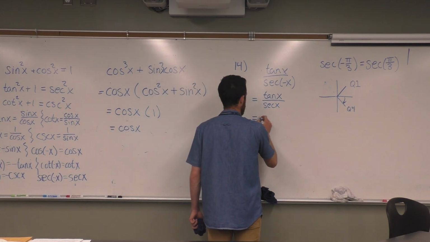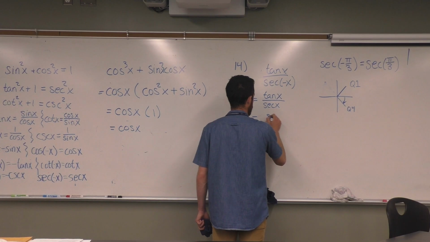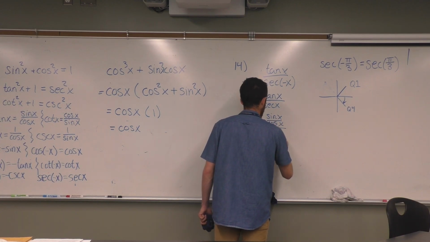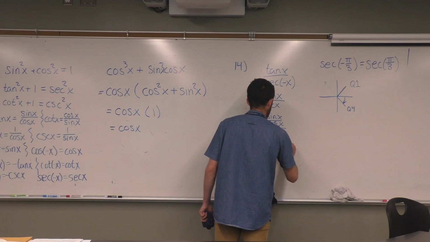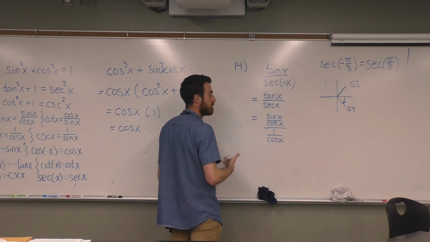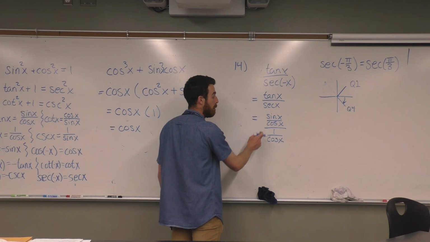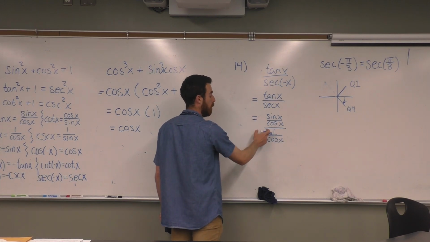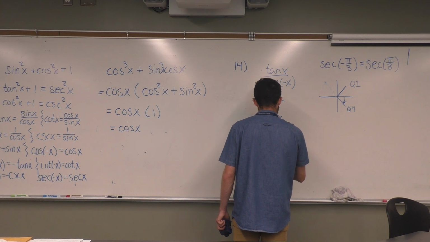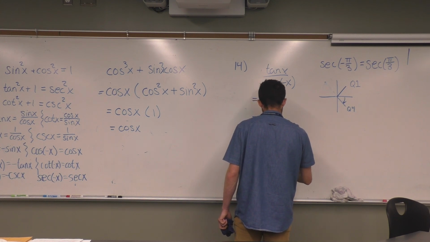Then I should put in terms of sines and cosines to simplify further. Sine of x over cosine of x over 1 over cosine of x. I don't recommend trying to cancel things out in fraction form like this. It is true that if they're both in the denominator, they can cancel out, or both in the numerator. But that becomes clearer to see when you rewrite it as a multiplication, as a product.